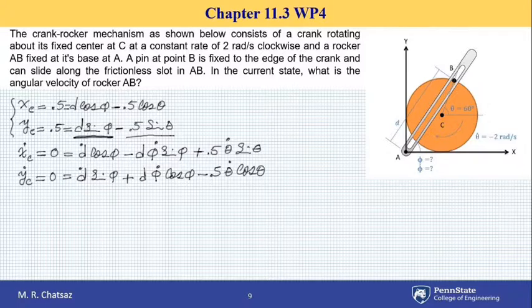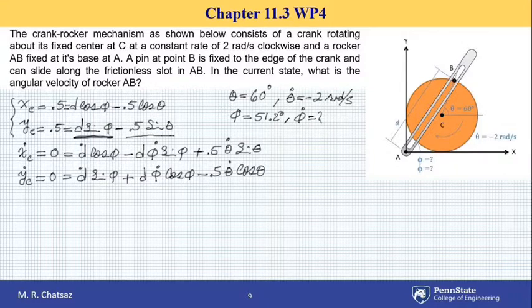So for the given angle theta equal to 60 degrees, theta dot equals minus 2 radians per second. Phi, recall from the previous page, we got 51.2 degrees, and phi dot is the ultimate goal of the problem.